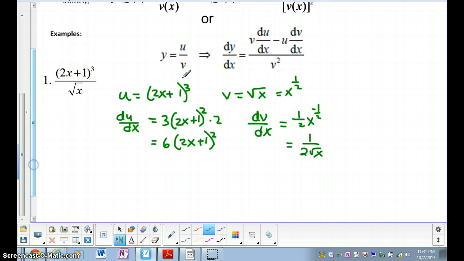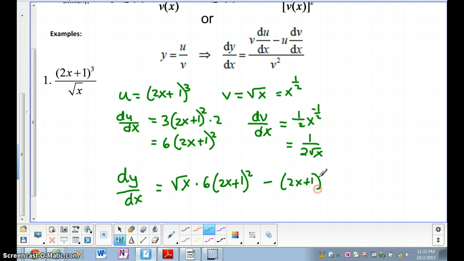Now we're just going to plug in to our formula with our quotient rule. So our derivative of y with respect to x is equal to our v times the derivative of u, minus u times the derivative of v, all over v squared.